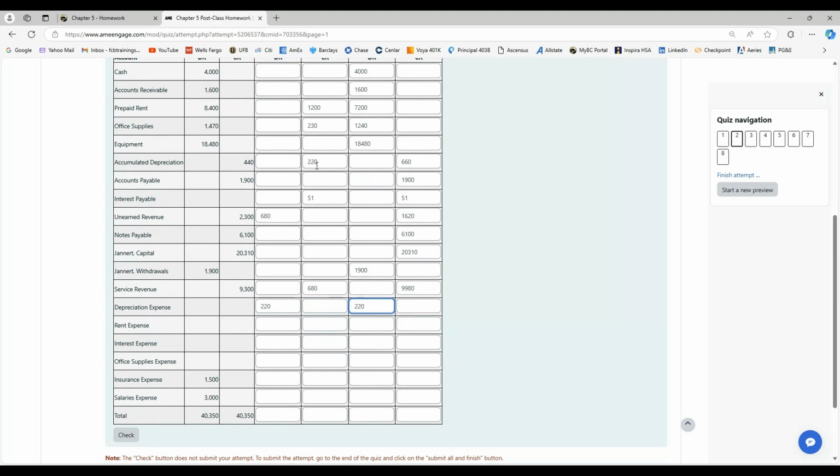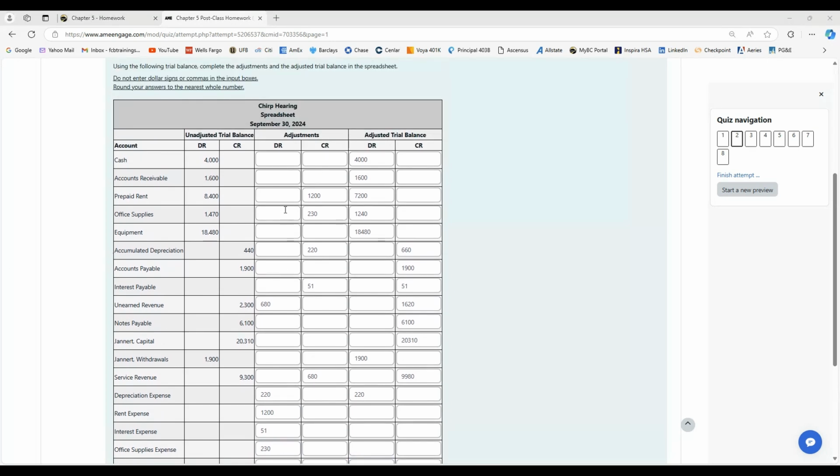And that was the other side of the accumulated depreciation entry. We had rent expense of $1,200, which is the other side of the prepaid rent, the rent expense portion. We had interest expense of $51, which is the other side of the interest payable. And we had $230 of the office supplies expense, which is the reduction in office supplies. And nothing for insurance expense or salaries as far as adjustments go.